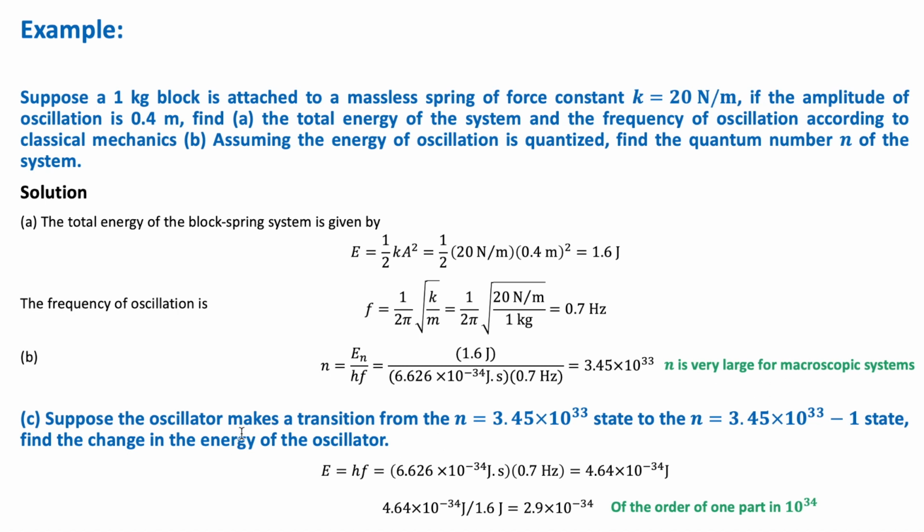So suppose the oscillator makes a transition from this state here to another state that differs by 1, okay? And we want to find the change in the energy of the oscillator for this one quantum change, okay? So the energy carried away due to a transition between two states differing in n by 1 is equal to hf, right, from the previous slide.